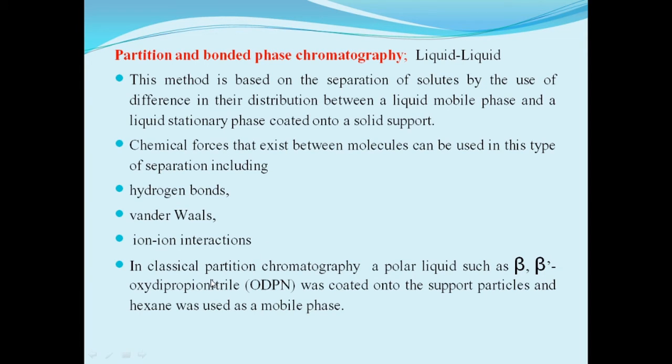In classical partition chromatography, a polar liquid such as beta, beta'-oxydipropionitrile (ODPN) was coated onto the support particles and hexane was used as a mobile phase.